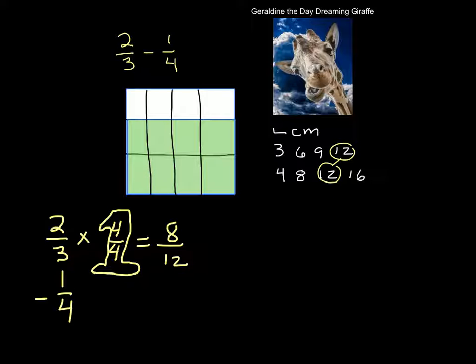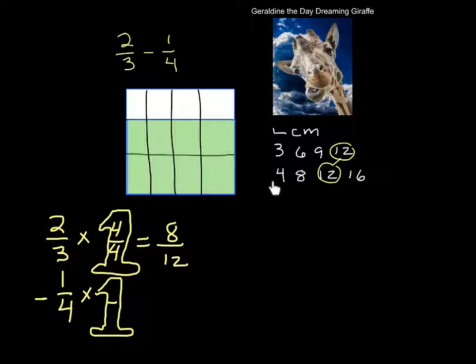Now, I want to subtract the 1/4, but I need to have these quarters in 12ths, right? So I'm going to do this again. I'm going to go 1, 2, 3, and I'm going to multiply this 1/4 by another giant 1. So let me just multiply by the giant 1 here. That is a beautiful 1, huh?